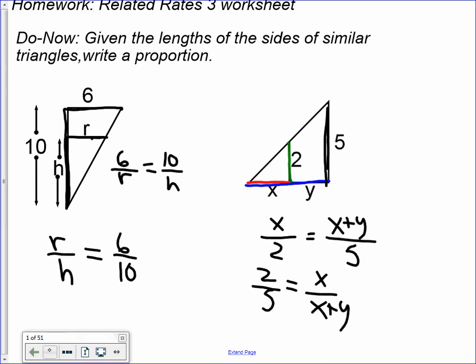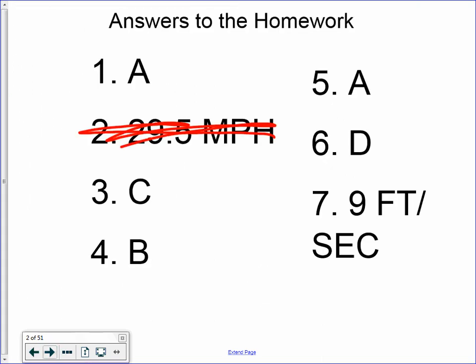So let's first go over the homework. Just check your answers. You got them right?